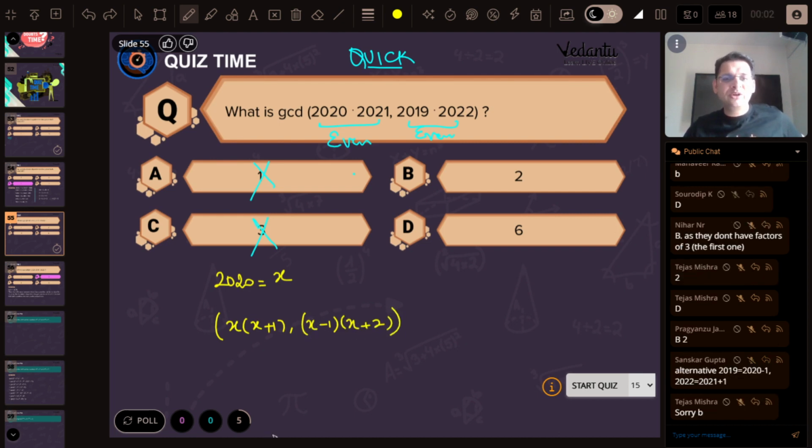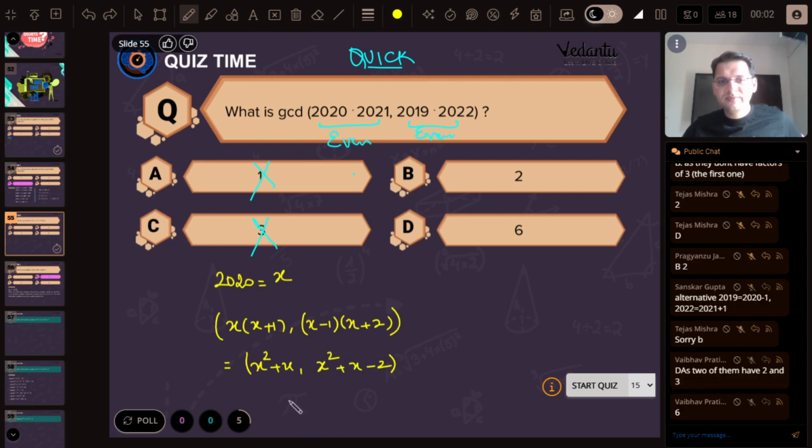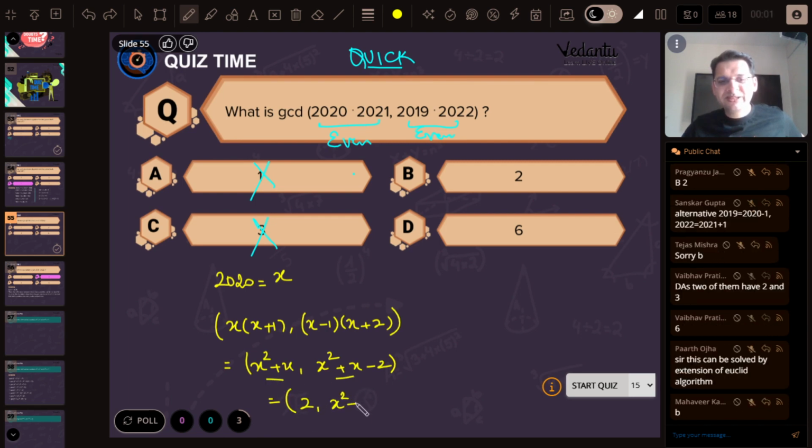So this GCD you have to find out. So GCD of x square plus x and x square plus x minus 2. And these are two consecutive numbers. Anyway, this minus this is going to be 2.